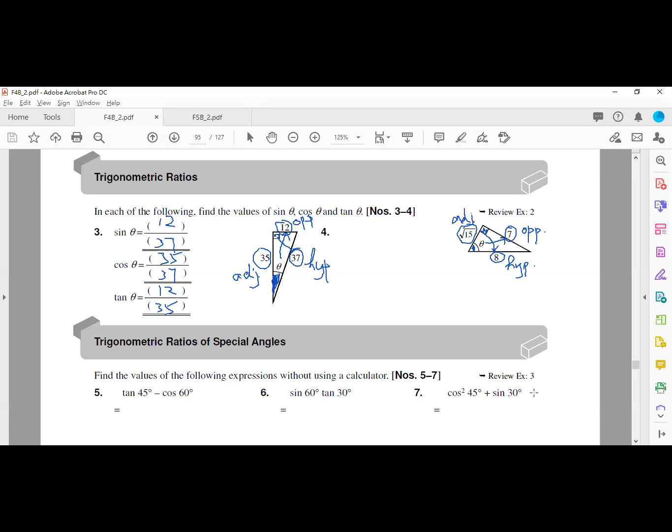All right. And then we just write down the value of sine theta. Sine theta is opposite over hypotenuse, 7 over 8. And then cosine theta is adjacent, root 15 over hypotenuse, 8. Tangent theta is equal to opposite over adjacent.